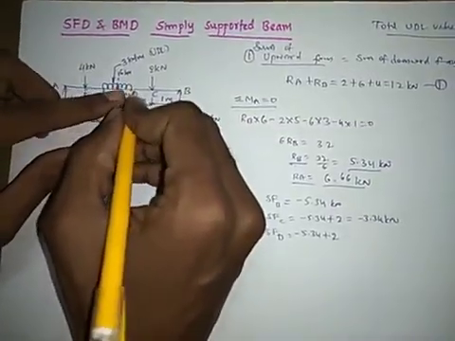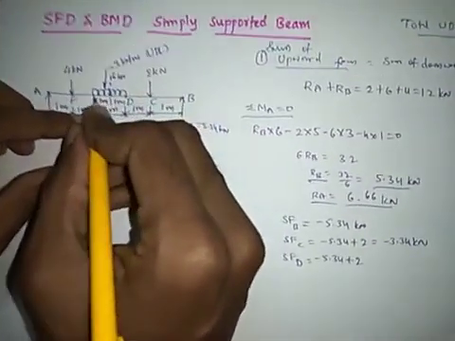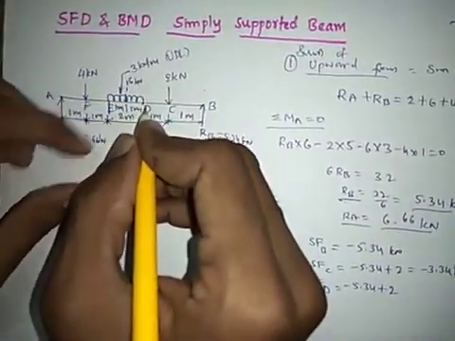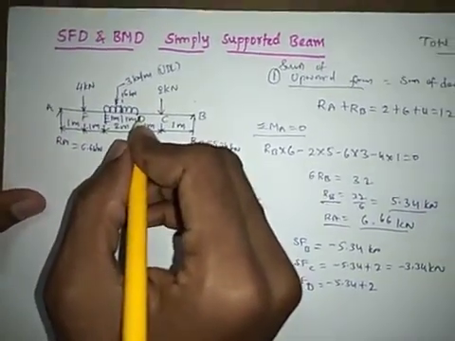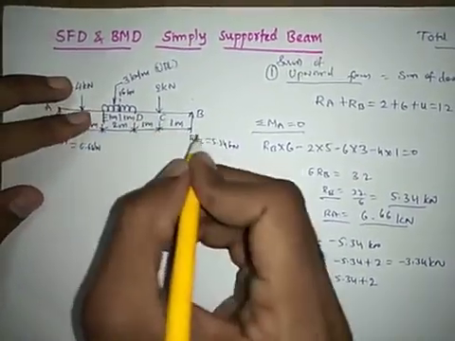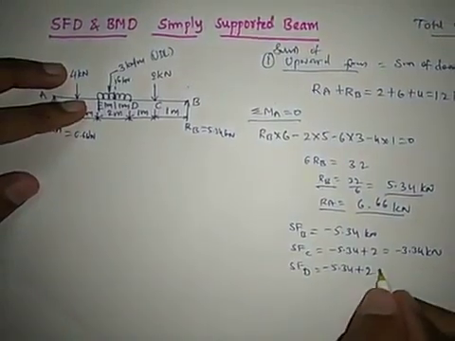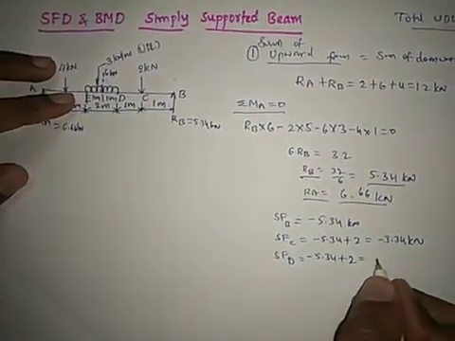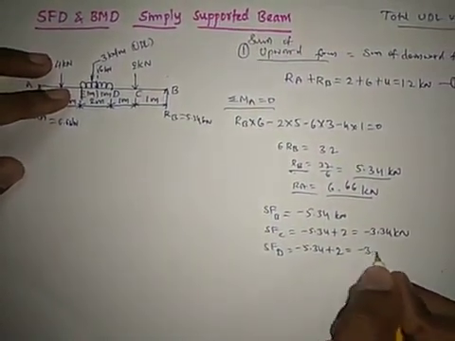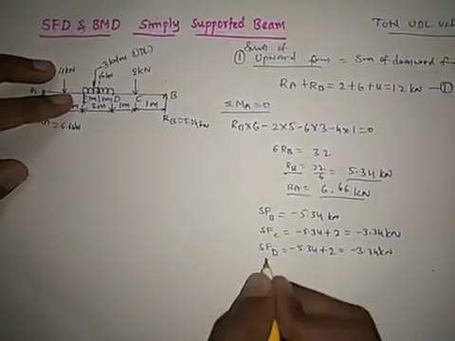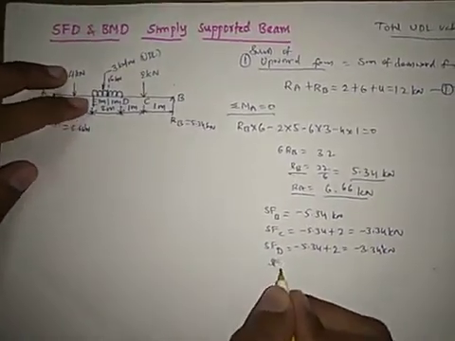And at D the UDL is just starting, so you don't take the UDL value because it is starting. We should not take the UDL, so just take these two only. It is the same as the previous case at C, so minus 3.34 kilonewtons.